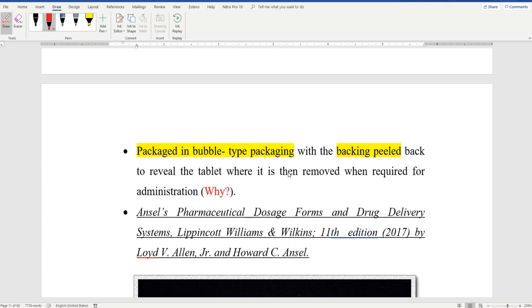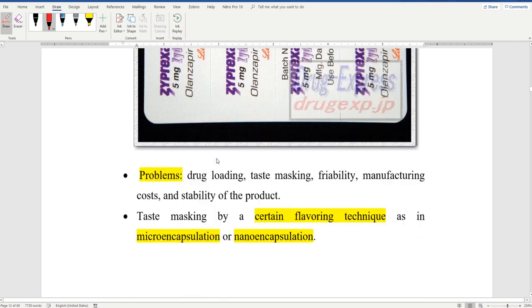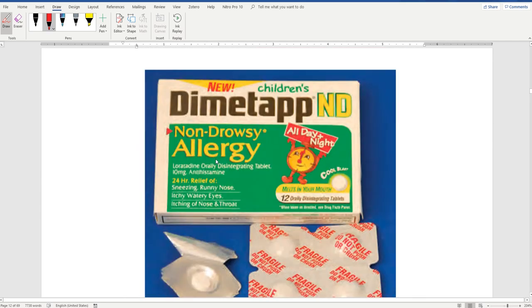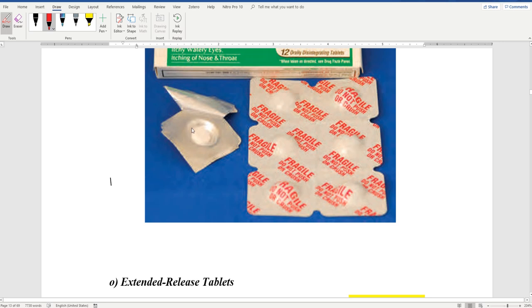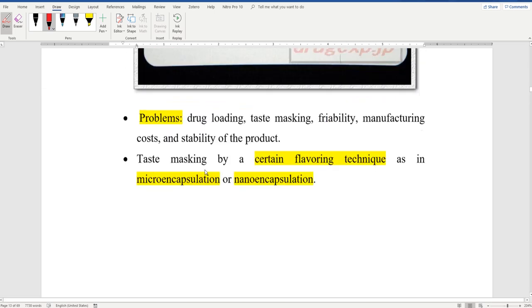Okay, now another thing, we need to put the tablets in bubble type packaging like what you see here. Let me see if I have another photo. Okay, this is like bubble packaging. Also the box itself can contain bubble packaging.